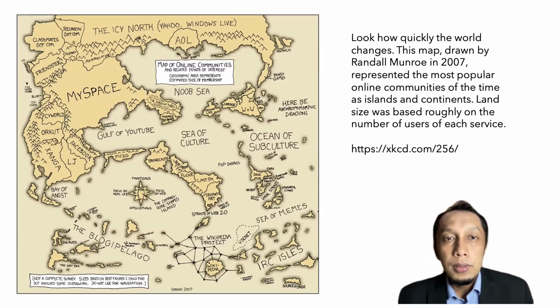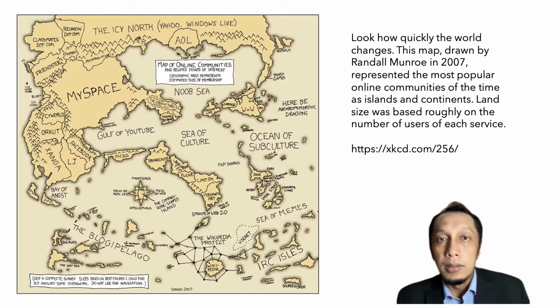But if you look very carefully at the map, you will see that most of the things there no longer exist. For example, MySpace no longer exists, Friendster no longer exists, but on the other hand, Facebook is now becoming bigger and is the market leader in our online communities.